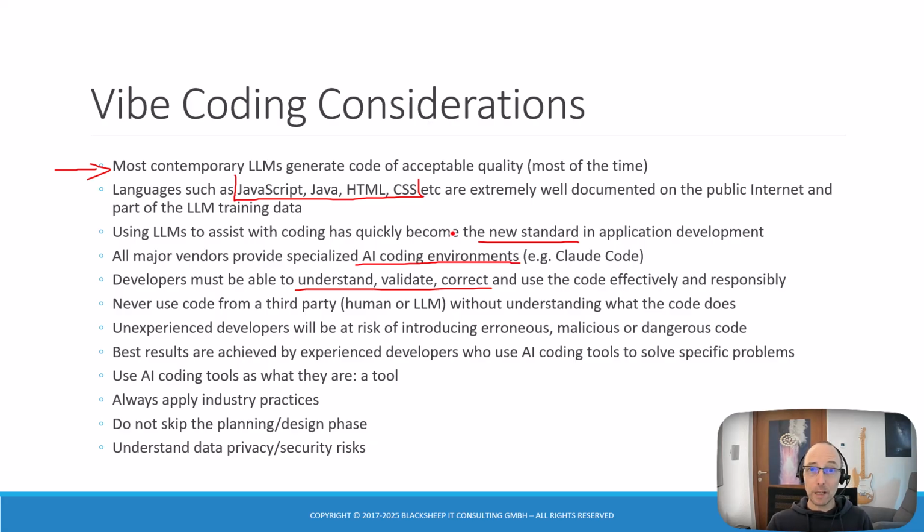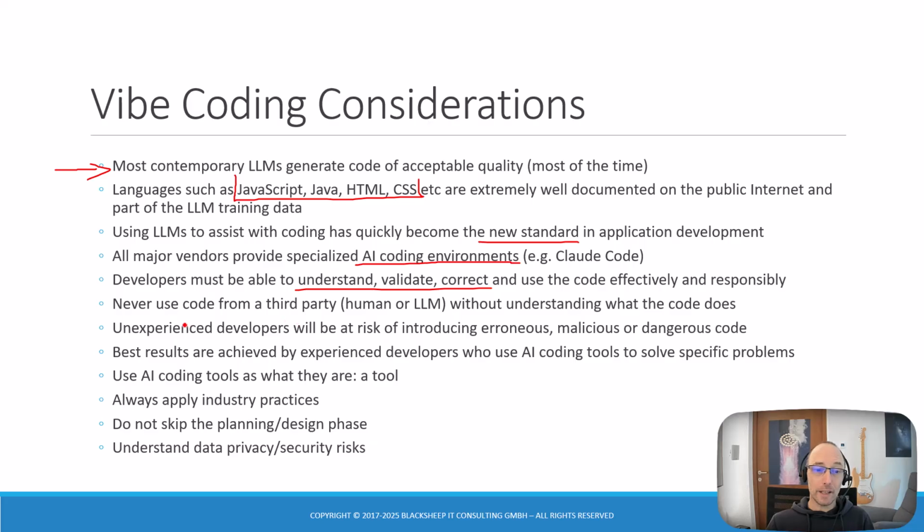But one thing will remain: never push code to production that you get from a third party without understanding what the code does. The third party can be a human, remember Stack Overflow copy-paste code, or an LLM. It's a third party that produces code that you will put in a very sensitive environment, and you need to understand what the code does.